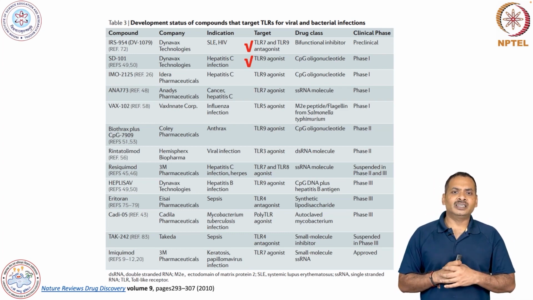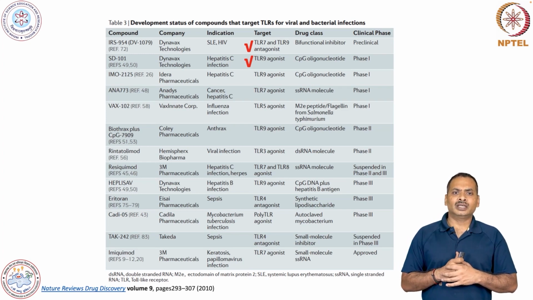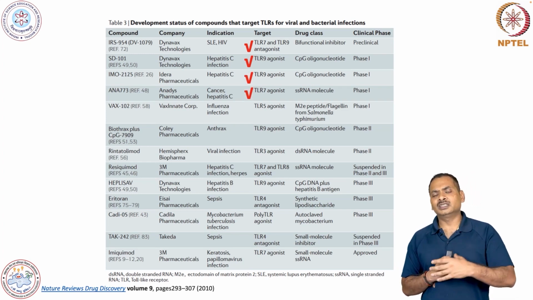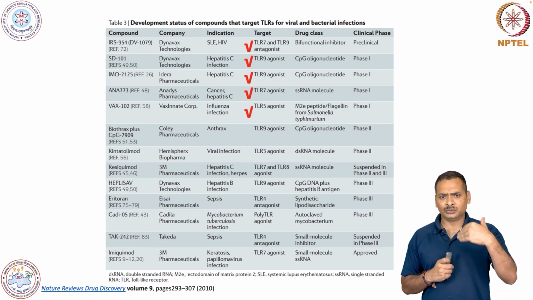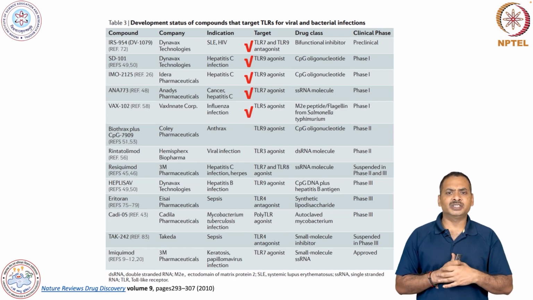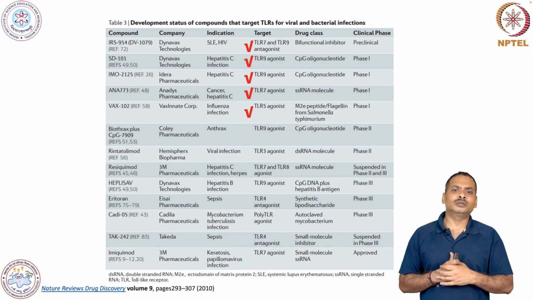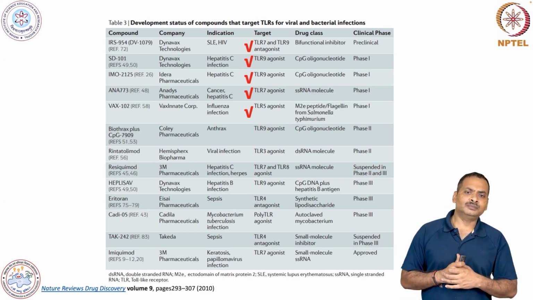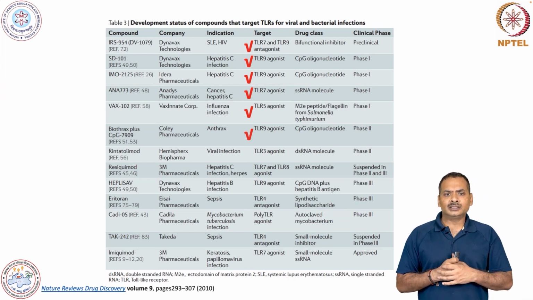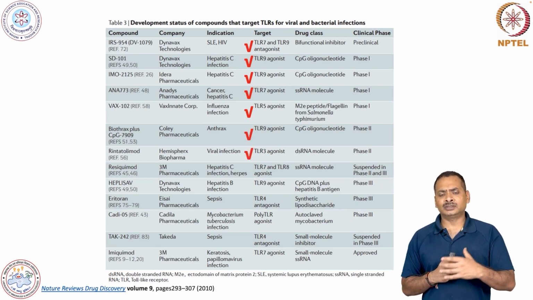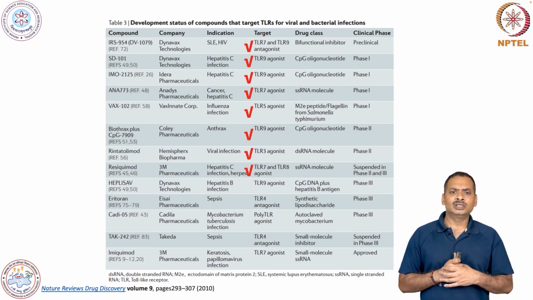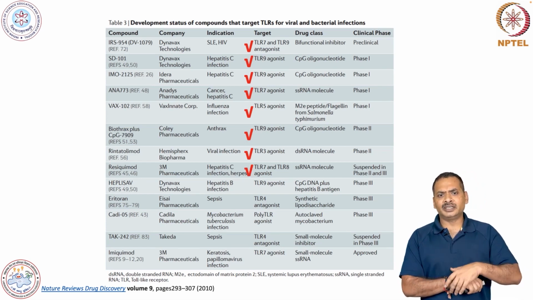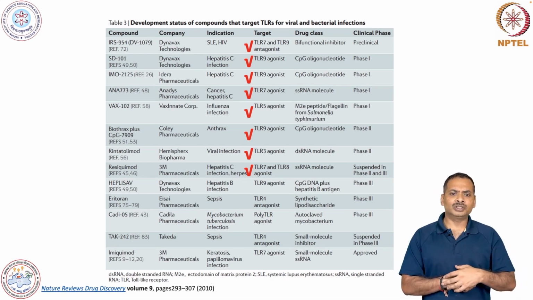There is a TLR9 agonist, okay, that is CpG oligonucleotide, and there are TLR7 single stranded RNA molecules, and a TLR5 agonist, which stimulates TLR5 mediated signaling. It is a flagellin from Salmonella typhimurium, and there is a TLR3 ligand, that is a double stranded RNA molecule, and a TLR7 or TLR8 agonist, that is a single stranded RNA molecule.